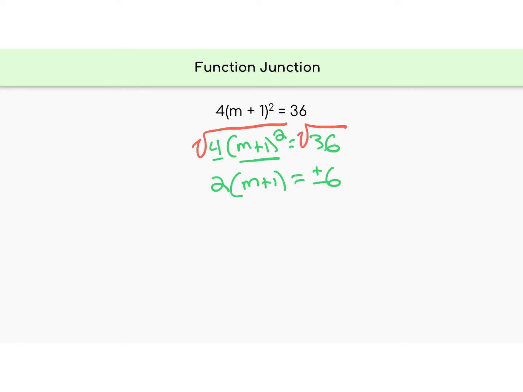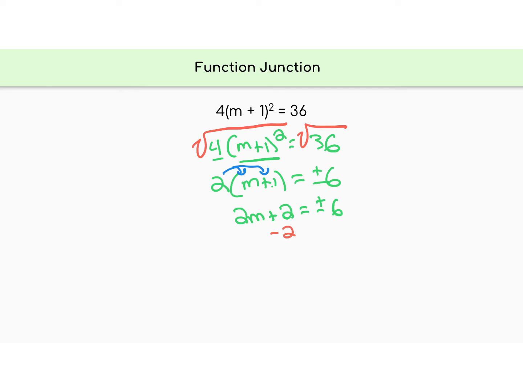Now in this case, we want to do a little math, and we're going to use our distributive property. So 2 times m is 2m, and then 2 times 1 is 2, and that's going to be equal to positive or negative 6. We want to use the distributive property in this example because that'll remove the parentheses.